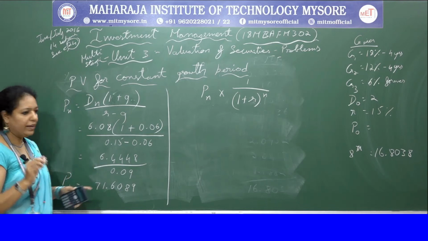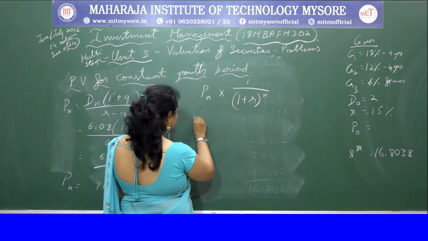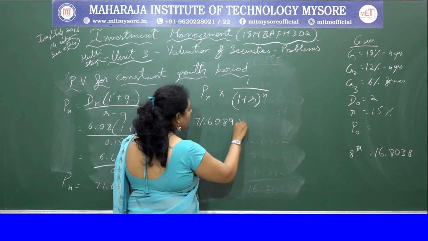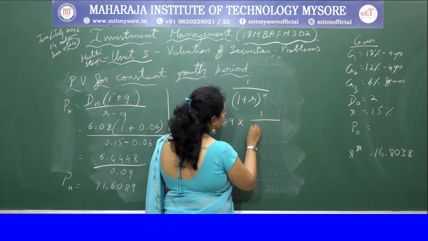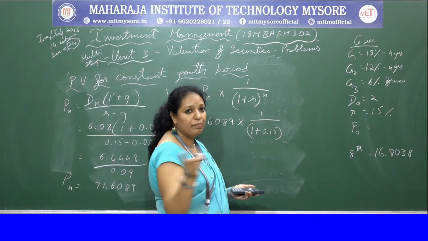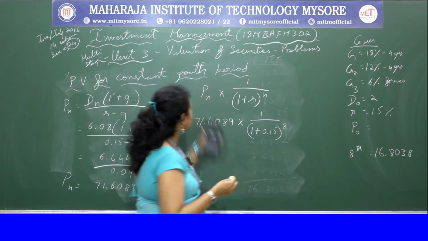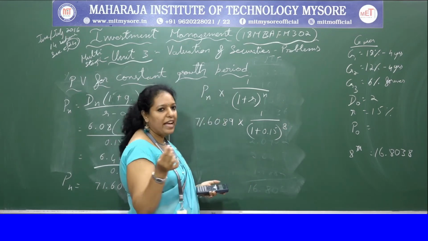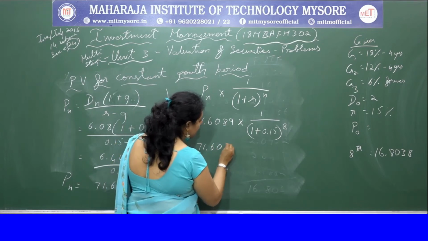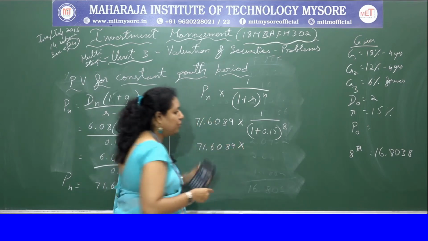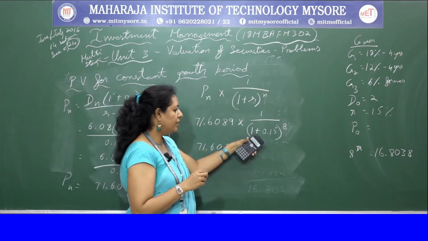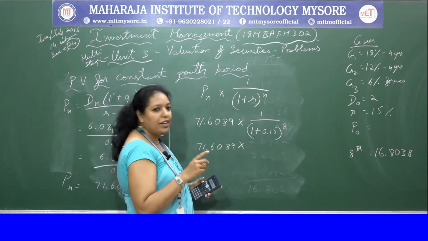This Pn I'll just transfer here: 71.6089 into 1 divided by 1 plus R, which is 15%. Hope you remember. And 8, the period for which we have calculated 8 years. So 71.6089 into 1 plus 0.15 to the power of 8.